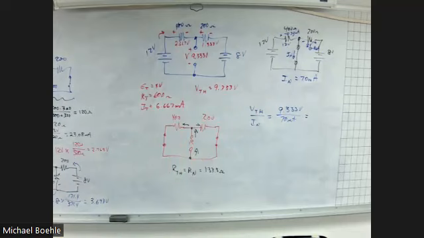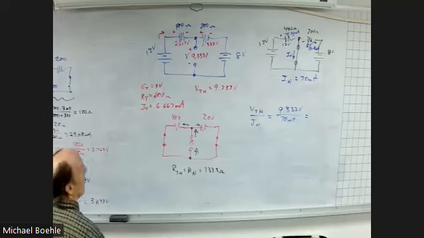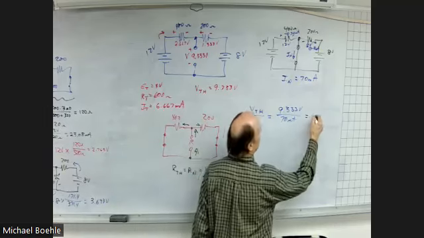Well, 9.333 divided by 70 milliamps gives me 133.3333 ohms. Same thing.